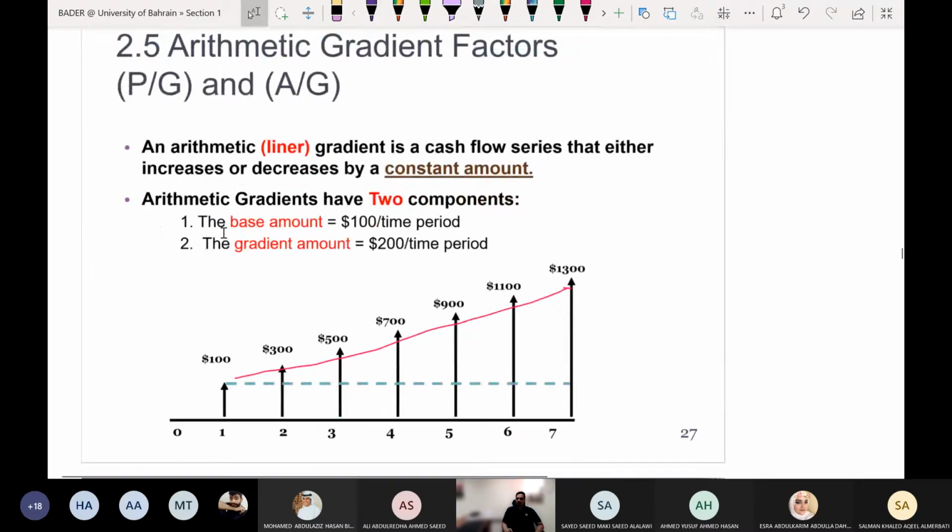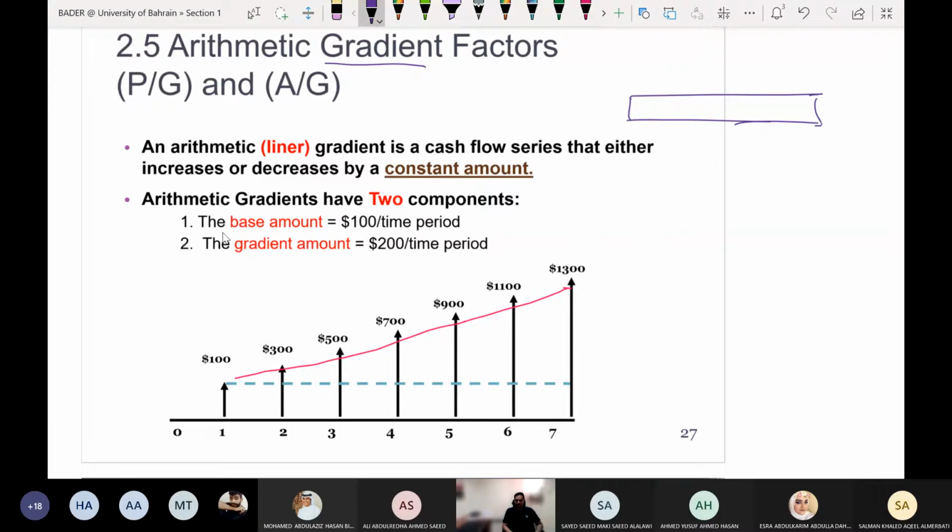So what are we going to learn today? Today we're going to focus on one thing, the gradient. What do we mean by gradient? I could have an income, which is my salary, and in fact my salary normally increases every year.